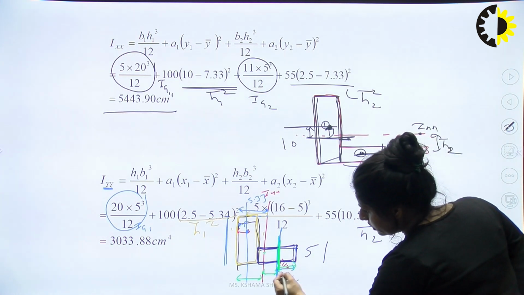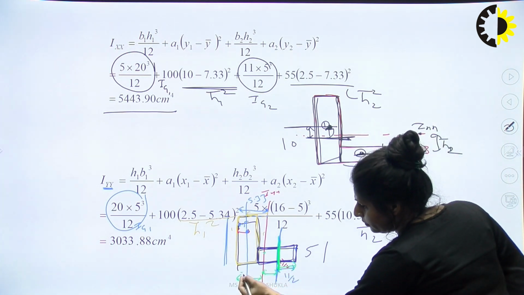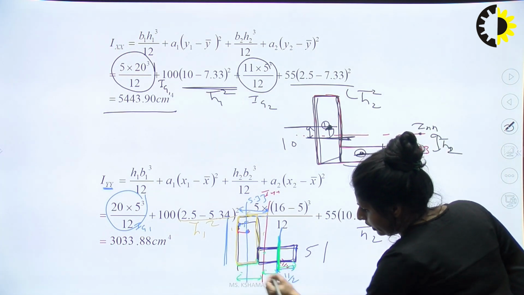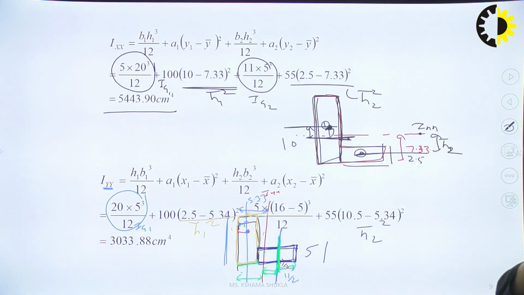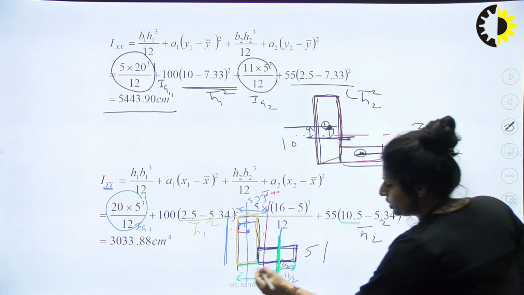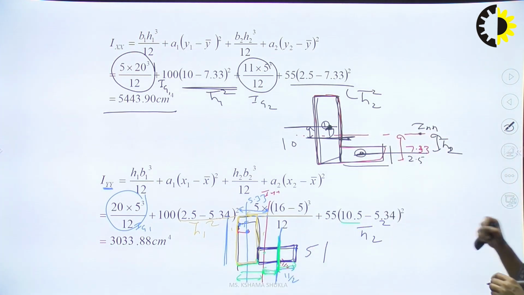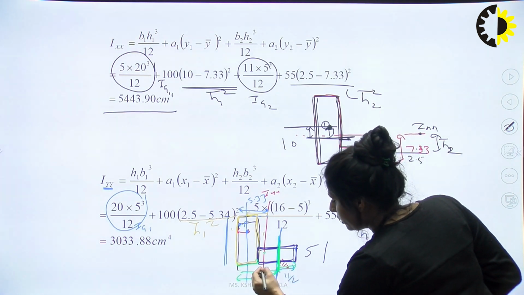We can find out from here also, the value is 10.5. See, this is our 10.5. Add it, this is our 5 and this is our value 11 by 2, add it, the value is simply 10.5. Now minus it.